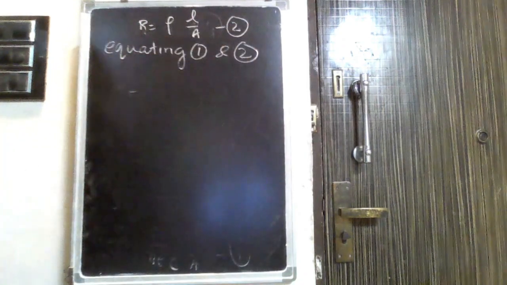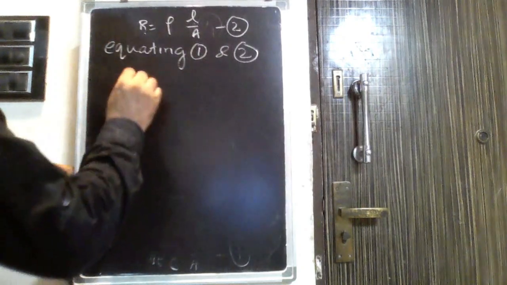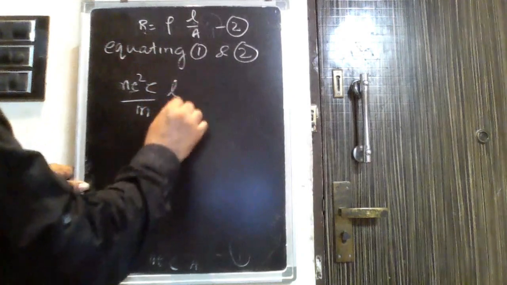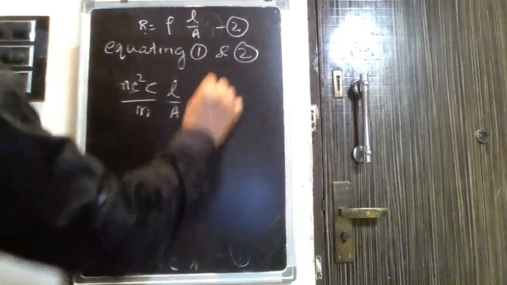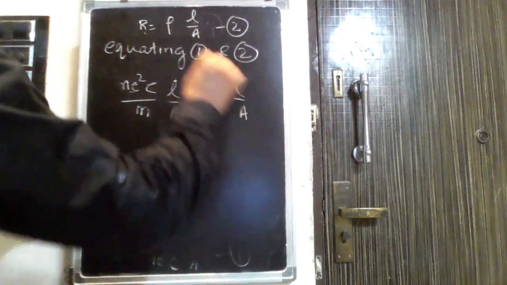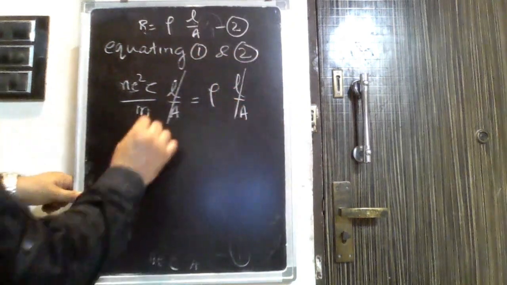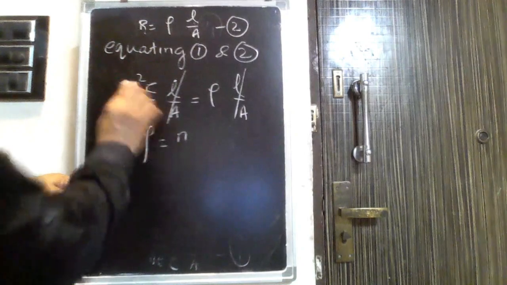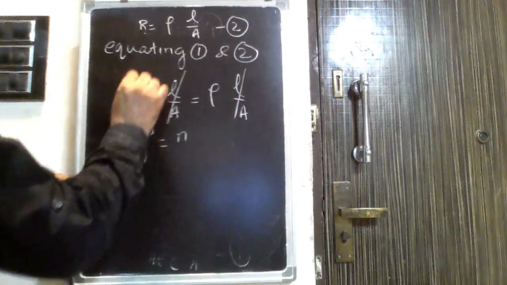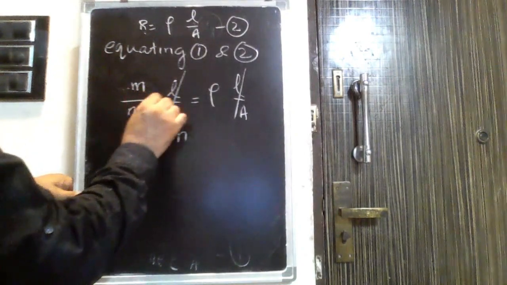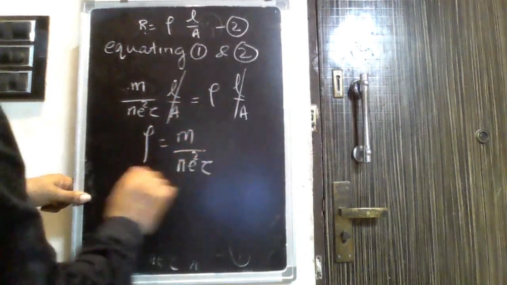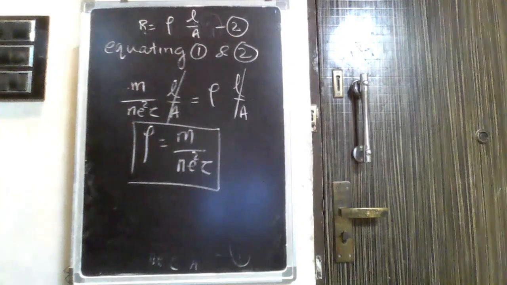Equation 1 is m upon Ne square tau, L by A, equals rho L by A. L by A cancels. So rho should be equal to m by Ne square tau. Now this is the formula for resistivity.